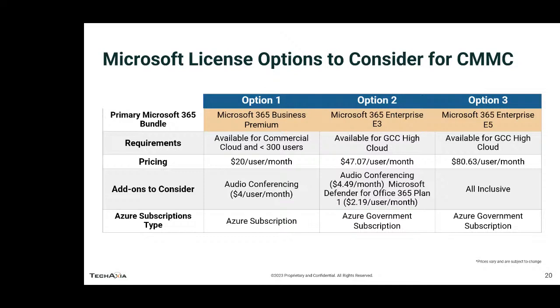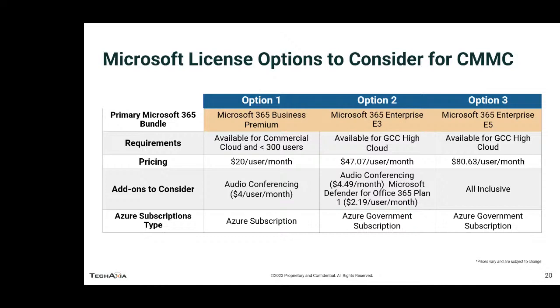You also want to consider using audio conferencing if you want users to be able to dial in via phone into your meetings. That's where audio conferencing comes in. And obviously, you want to get an Azure subscription, if you want to use something like Azure Sentinel. One other piece of data that is important here is Microsoft Defender for Office 365 Plan 1.